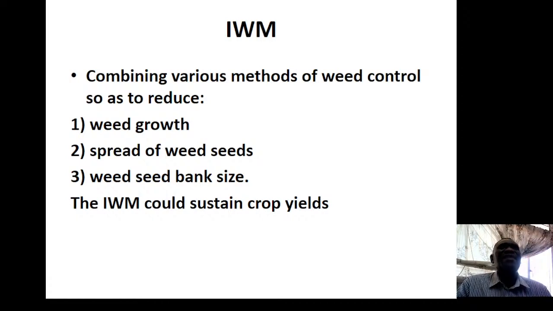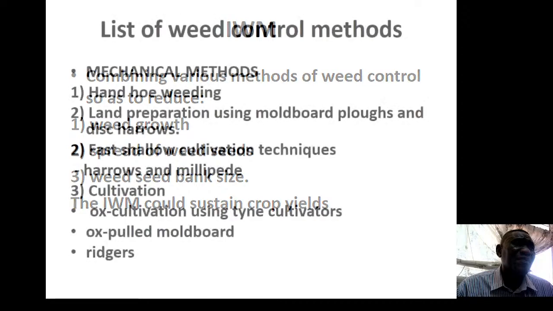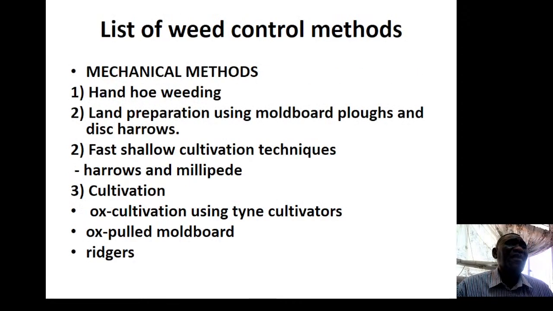Once we do that, then we know that our crops are going to be safe. We do have a range of weed control methods which we can use depending on the farming circumstances.